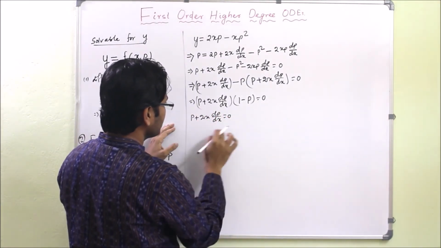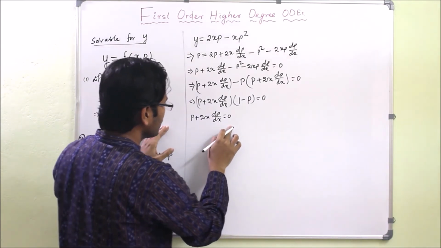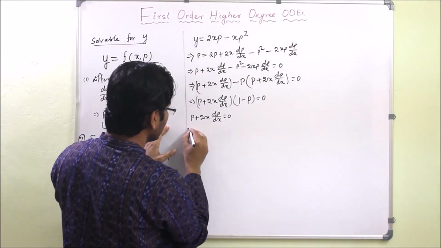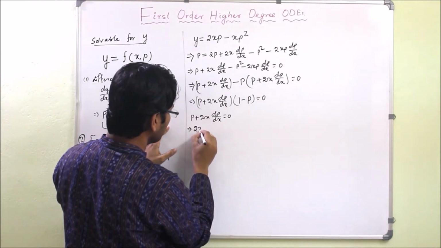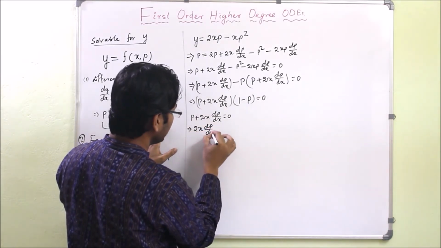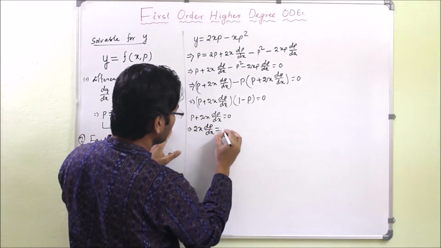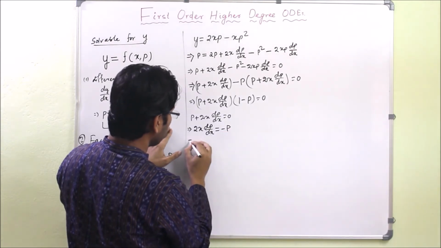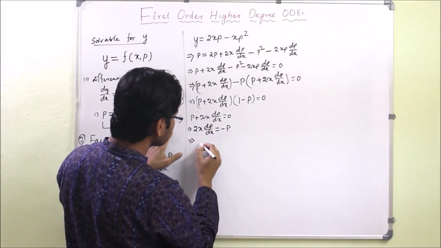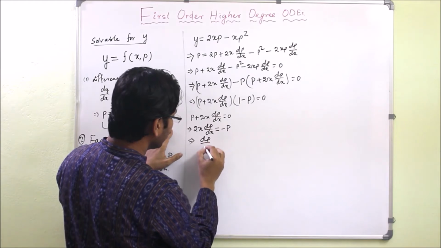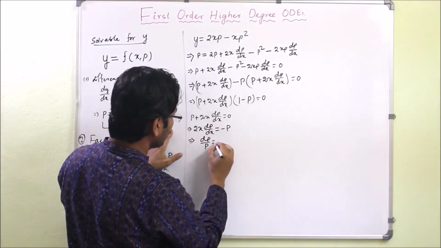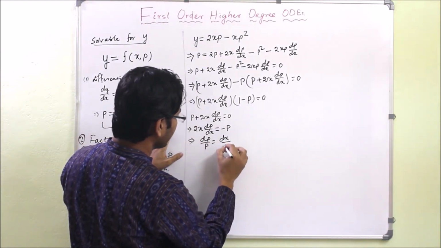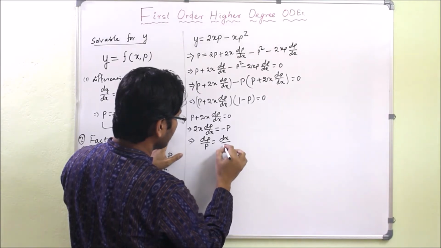So we have to solve this differential equation. First we rearrange: 2x dp by dx equal to minus p, or we can write it as dp by p equal to minus dx by x.